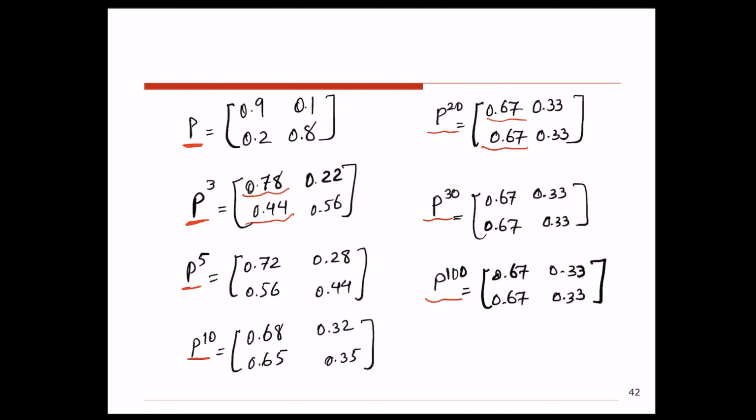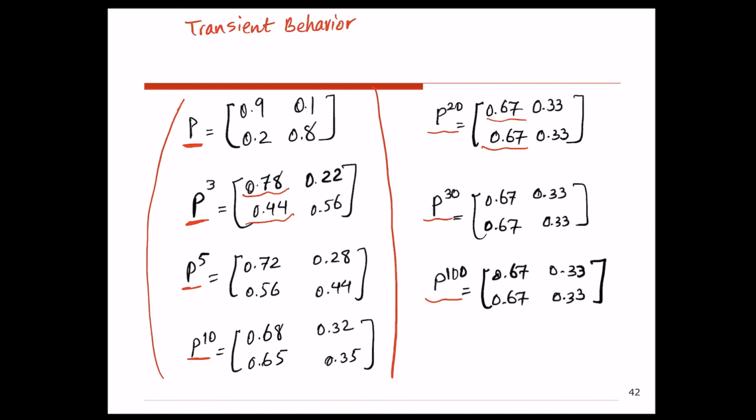For the scenarios where the transition probability matrices have not converged yet, and they're changing as we go from 3-step to 5-step to 8-step to 10-step and so forth, we call that a transient behavior, or the short-run behavior of the stochastic process.